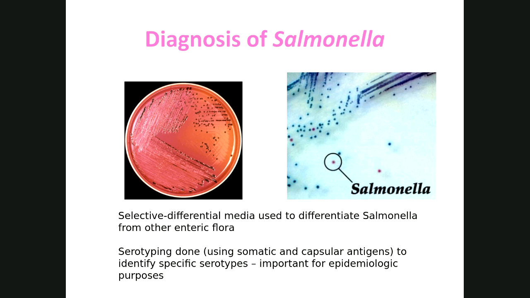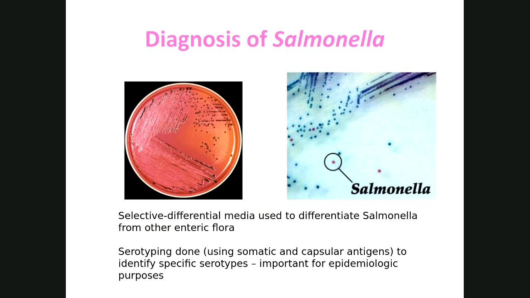Diagnosis of Salmonella is based on the stool examination and then isolating the organisms. These organisms are also non-lactose fermenters. So in the stool, if you get non-lactose fermenting organisms, then you have to think between Salmonella and Shigella.